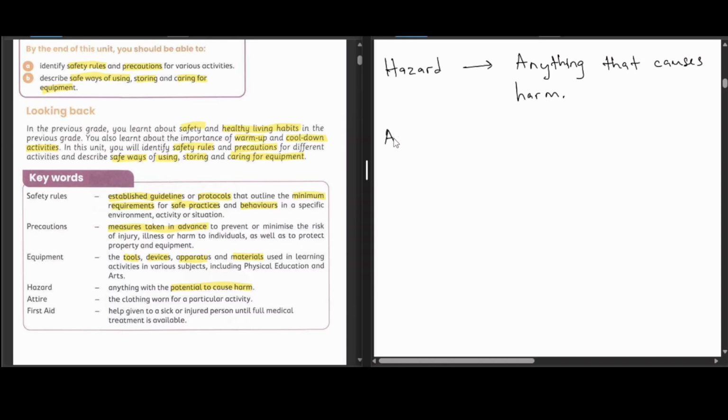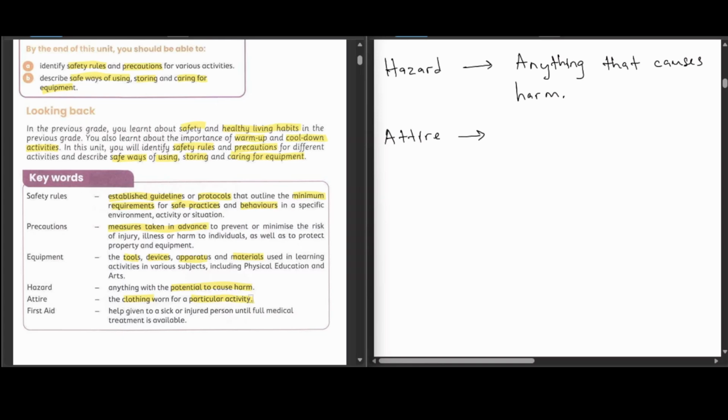Attire. Ihembe. Hembe. Attire. The clothing worn for a particular event. Saka hadzingozi hembe chete, but hembe dzinopfekwa for a particular event. Like for soccer, you have something you should wear if you are playing football. You wear shin pads, you wear shooters.